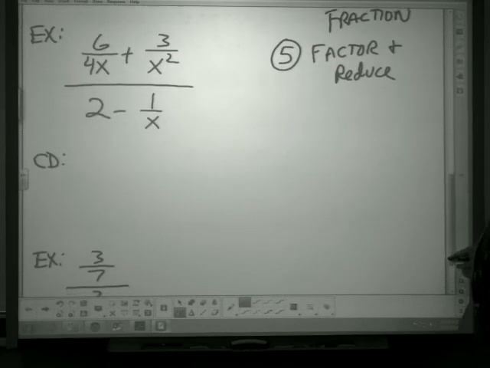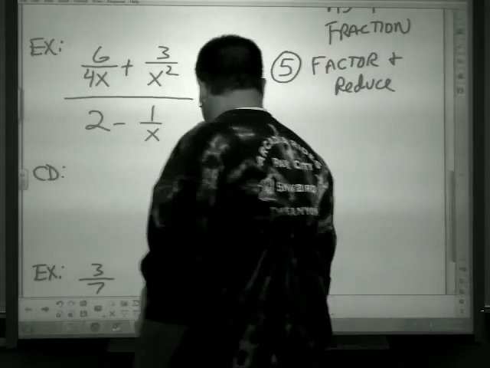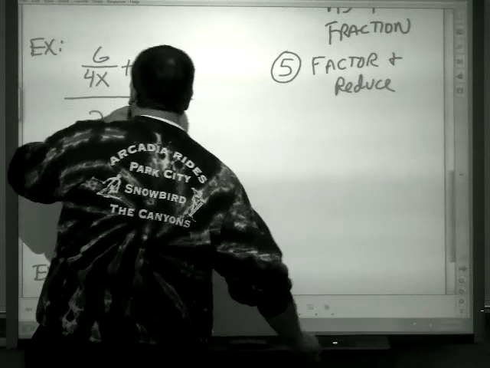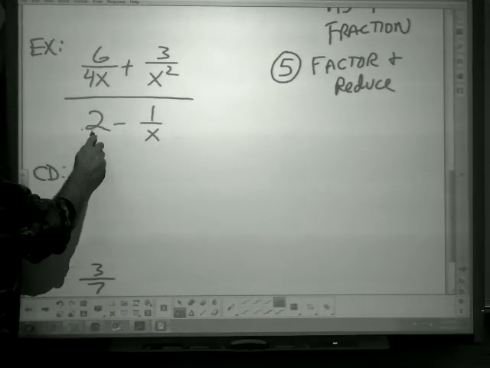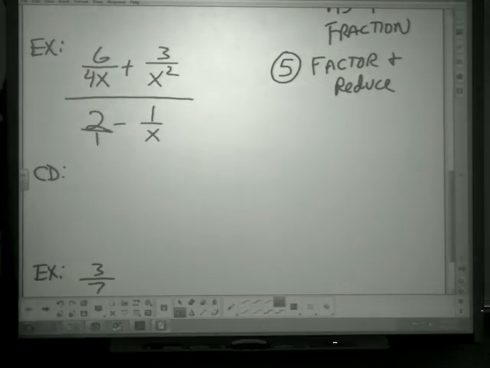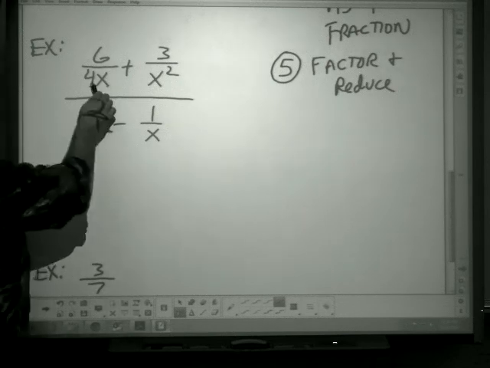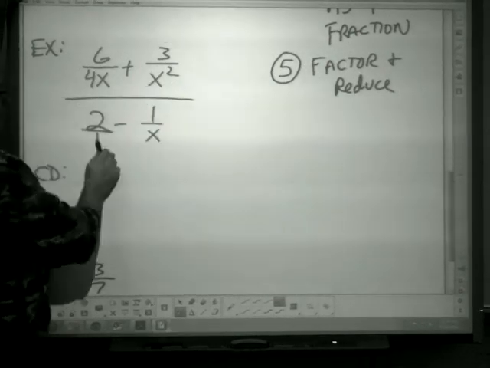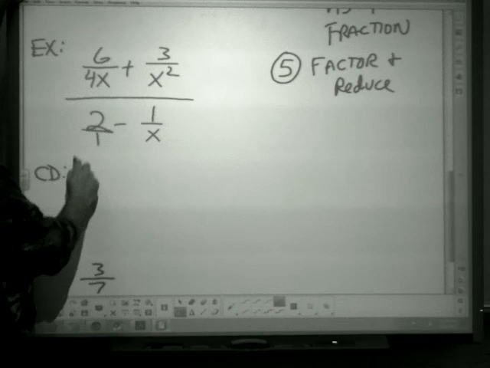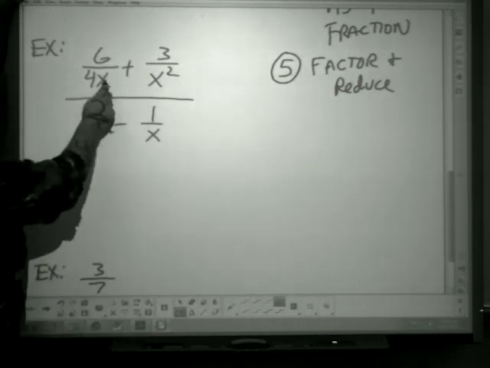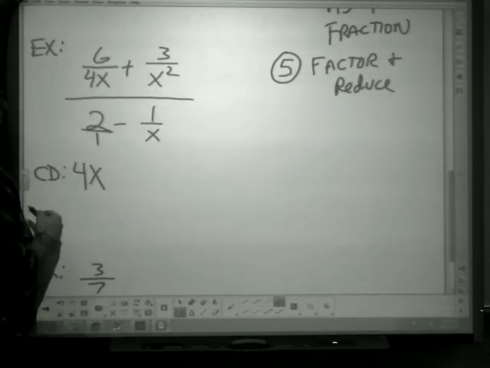Okay, so here's one. Common denominator. Anything that's not a fraction, I'm going to put over 1, make my life easier. I have a 4x, an x squared, a 1, and an x. Well, 4 I know has to be in there. I need the letter x, and here's the thing.